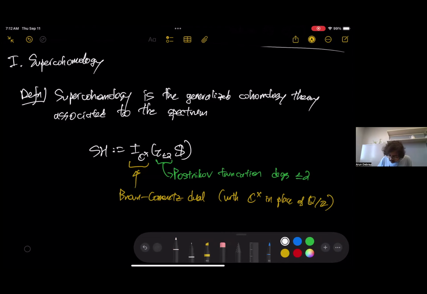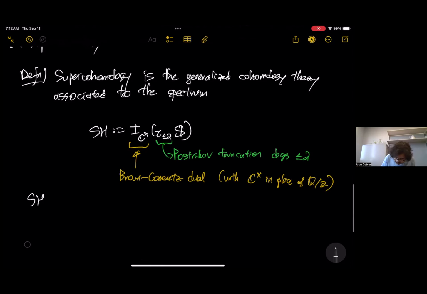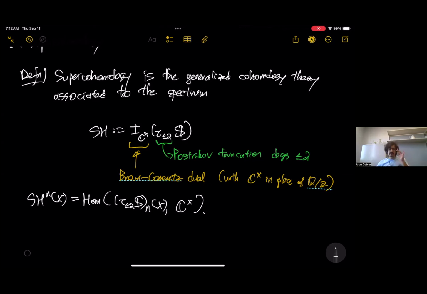So the effect of this is to say that SH^n of X is equal to Hom from this Postnikov truncation of the sphere homology into C*. So if your spectrum is finite type, Q/Z, C*, not that much changes.